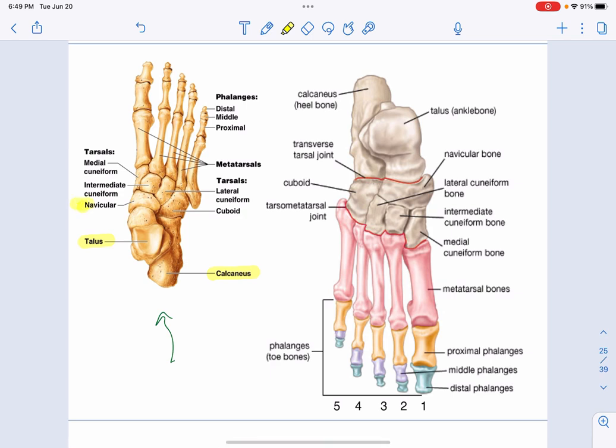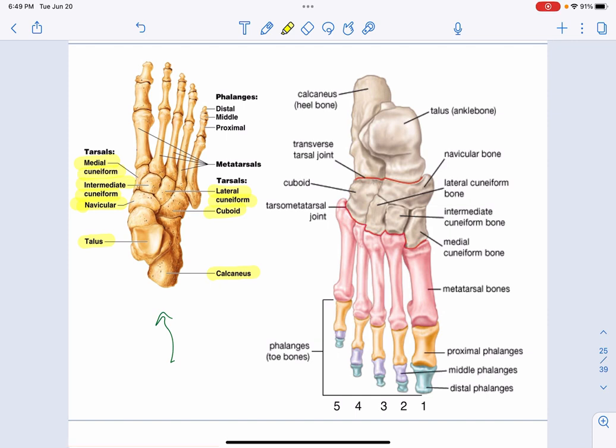So there is the navicular and the cuboid bone. And then there's a series of three cuneiform bones, and they are named based on their location. So there's a medial cuneiform, an intermediate cuneiform, and a lateral cuneiform. So those are the bones that make up the ankle and the very proximal part of the foot.